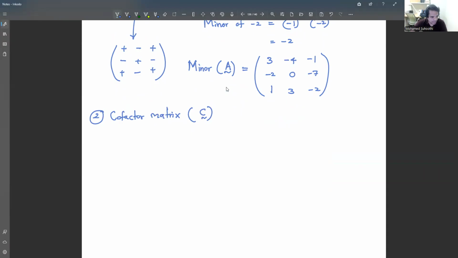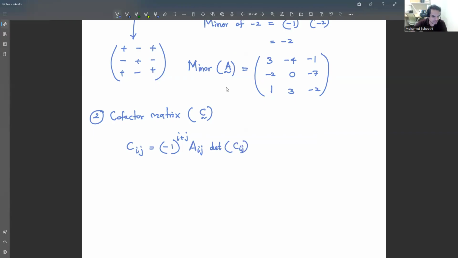Let's say the cofactor element C_ij is minus 1 to the power i plus j, that means the minor, into the determinant of the remaining part, that is, the determinant of the submatrix for element a_ij.